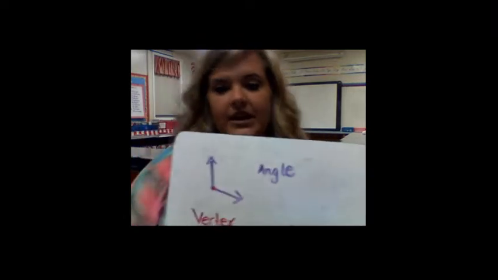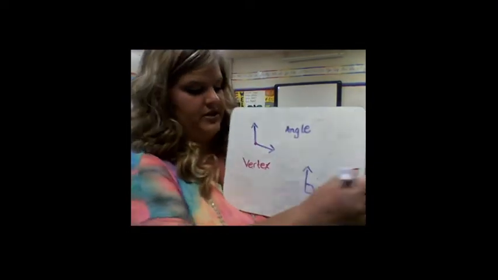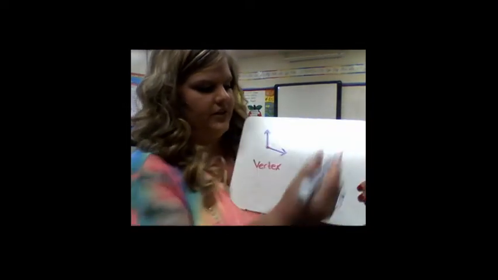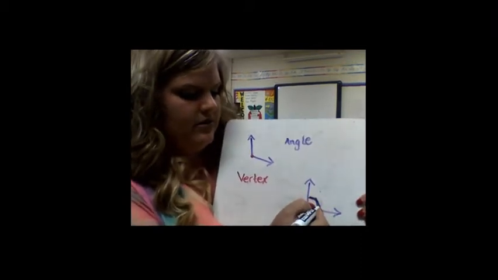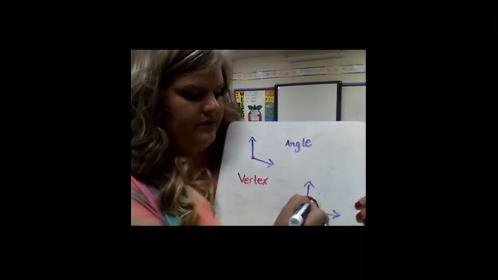Now, sometimes our angles come in a perfect right angle shape. If they come in a right angle shape, like the one I've shown here, you're going to see this little square here.